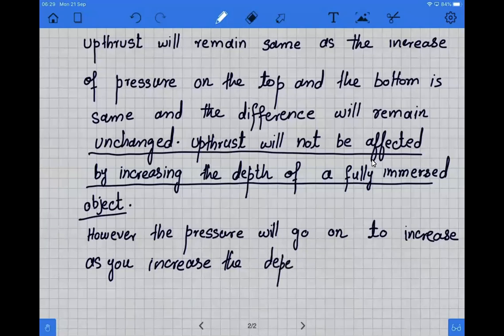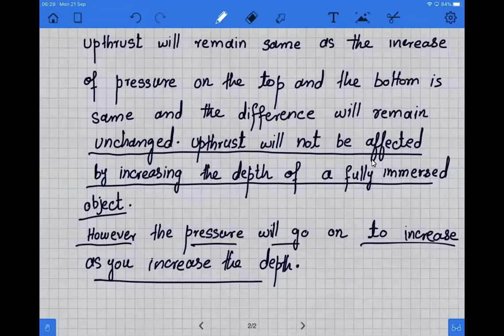So you will feel more compressed when you are at more depth inside the liquid. So with the increase of depth, the squeezing effect or the compression will increase. That is because of the pressure. Pressure is the compressing force. While moving downwards in the water at depth, the compressing effect or the pressure goes on to increase, and you misjudge that for upthrust.